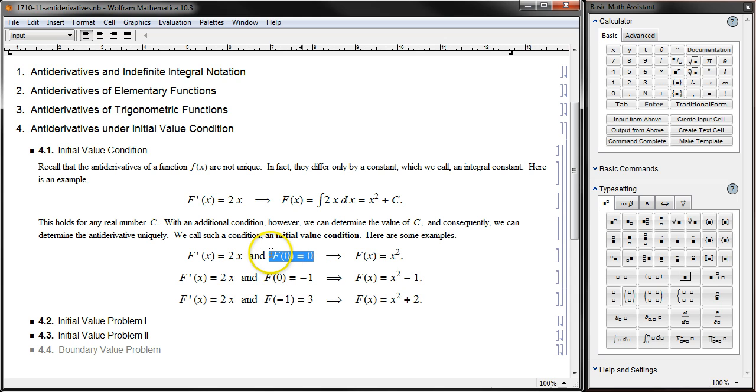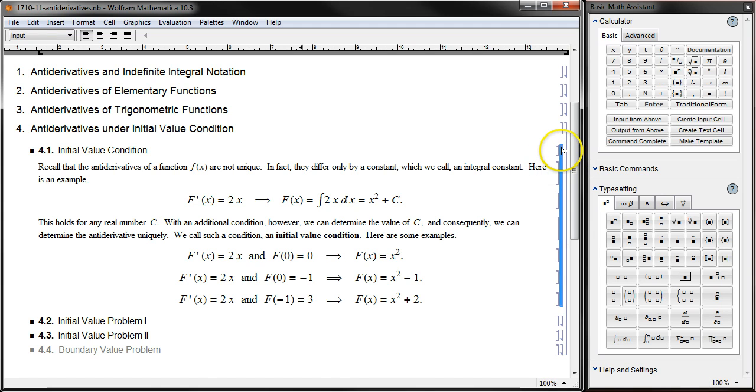These kinds of things are called initial value conditions, or just initial conditions for simplicity. And these are now the antiderivatives, because now they are unique. Finding the antiderivative under an appropriate initial value condition is called an initial value problem.